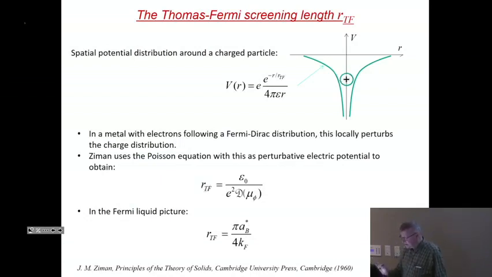And here is the length over which that perturbation happens. It involves the dielectric constant and permittivity of vacuum. And here you have the density of states at the Fermi energy, which of course describes the amount of electrons you have here. In the Fermi liquid, we can replace this density of states by what it is for a Fermi liquid with a parabolic dispersion, and we end up having R_TF as A star B over Kf.